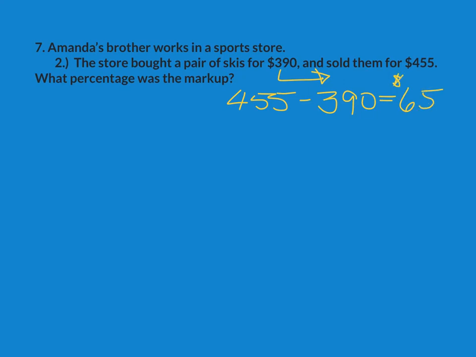Okay, so if I want to figure out what percent of 100 that $65 is, I'm going to set this up. I know that my percent is what I'm looking for. I know the $65 is the part. And the number on the bottom should be the original, so that would be 390.